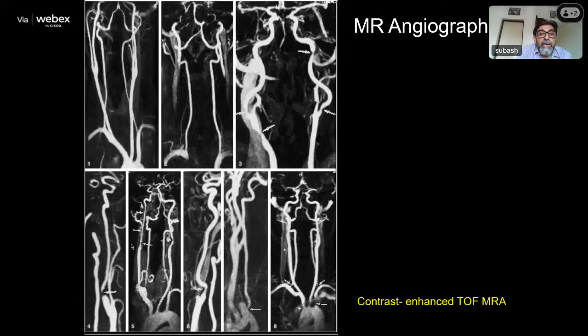You can very well visualize where there's a constriction. Like here is a constriction in the artery, which you can see very well by this arrow, and here also you can see these constrictions.